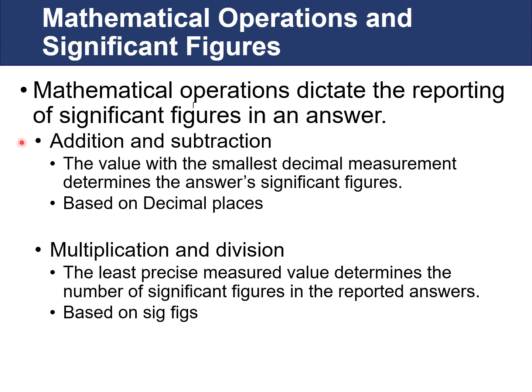So for addition and subtraction, it will be based on decimal places. For multiplication and division, the least precise measurement value determines the number of significant figures in the reported answer. So when we're working with multiplication and division, it will be based on the value that has the least number of significant figures.